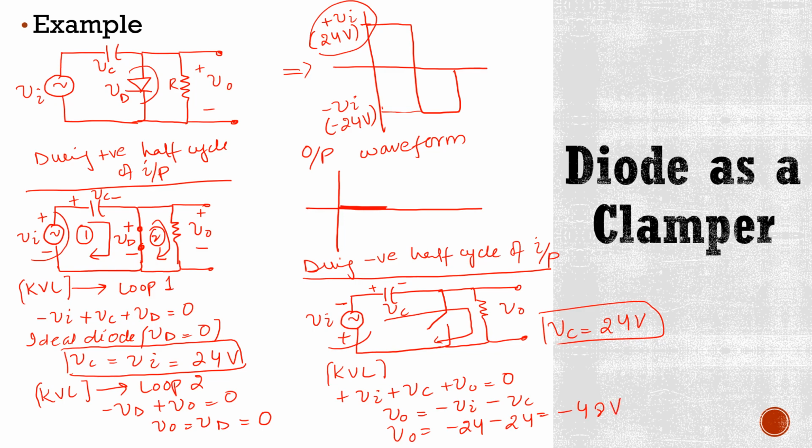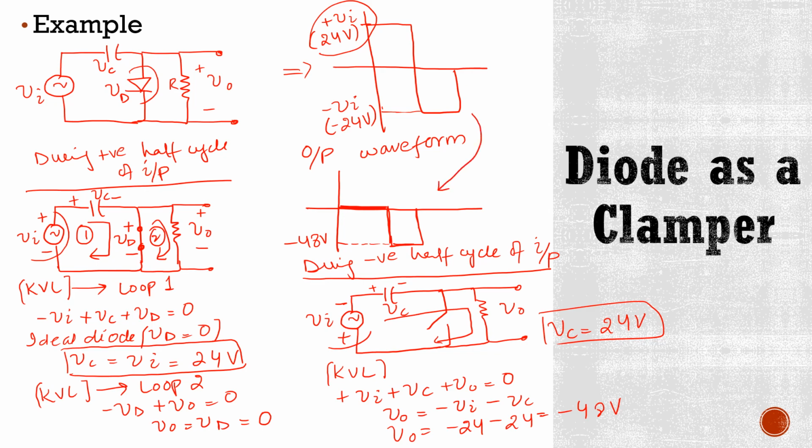Now, in the output waveform, we will draw this output voltage like this. It means the amplitude of this output signal is now minus 48 volts. As you can see, the signal is shifted downward. It means this input signal is now shifted downward.